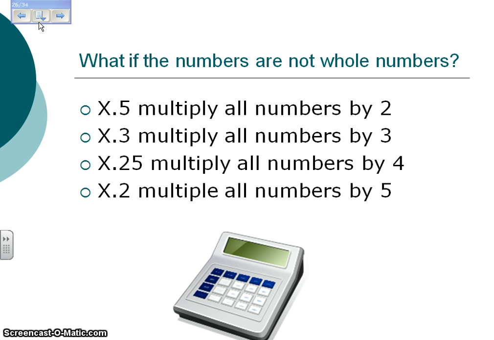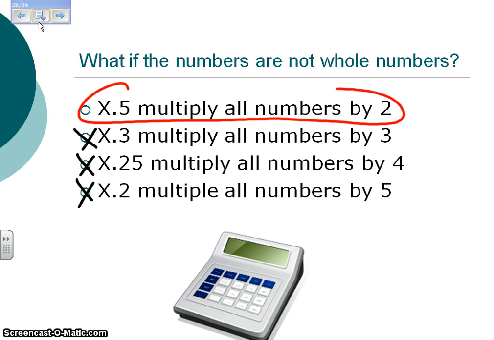Or if it's 0.2, you'd multiply all the numbers by 5. You probably will not see any of these in your problems. You may, however, see a problem that has something like that. All right, and what you need to do is make sure you multiply all the numbers by 2, not just the number of the atom that's at that 0.5.